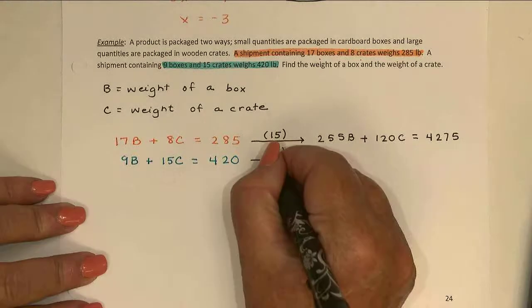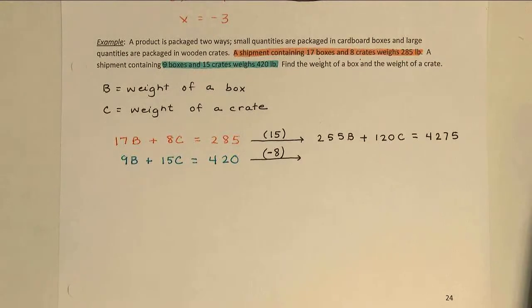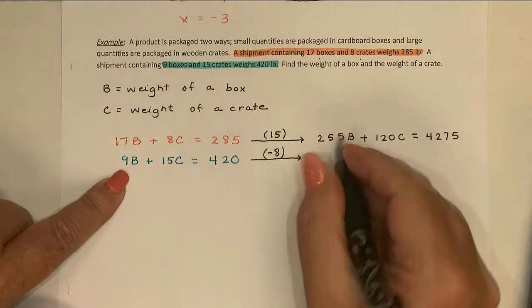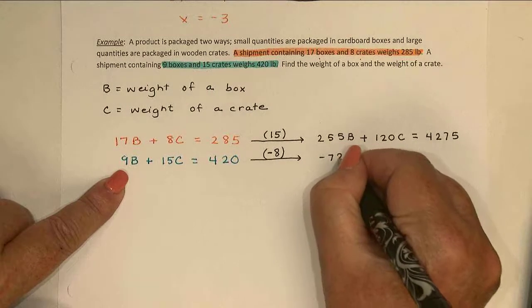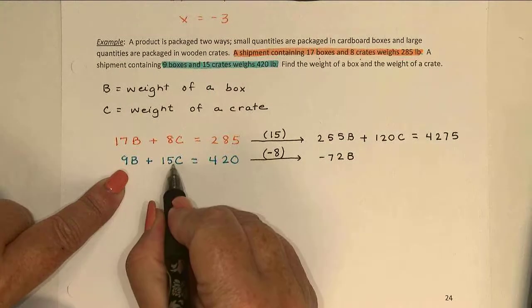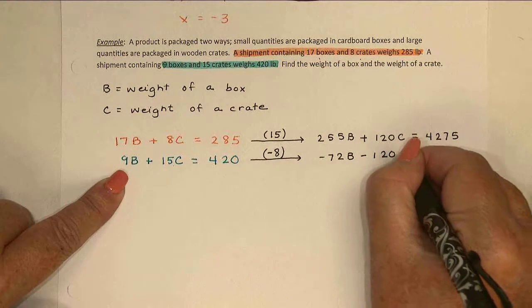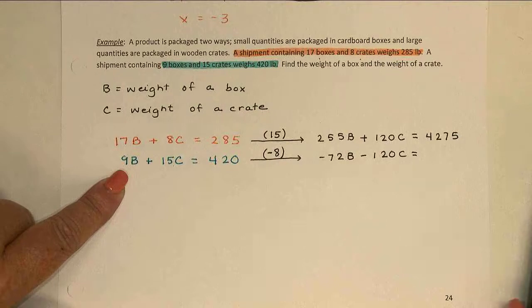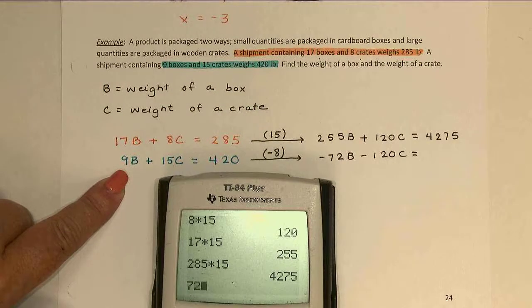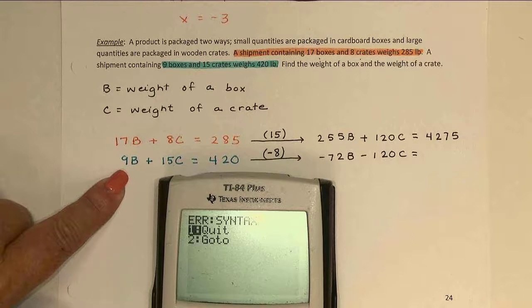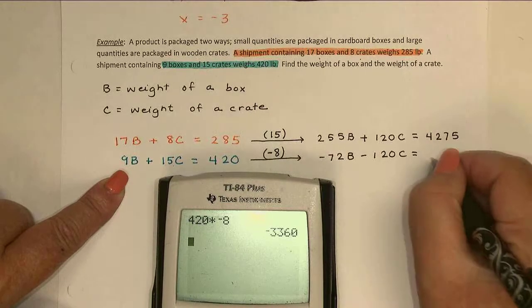So let's fix that by multiplying by negative 8 this time instead. 9 times negative 8, so negative 72B. 15 times negative 8, negative 120C. And then 420 times negative 8. My goodness. Negative 3,360.